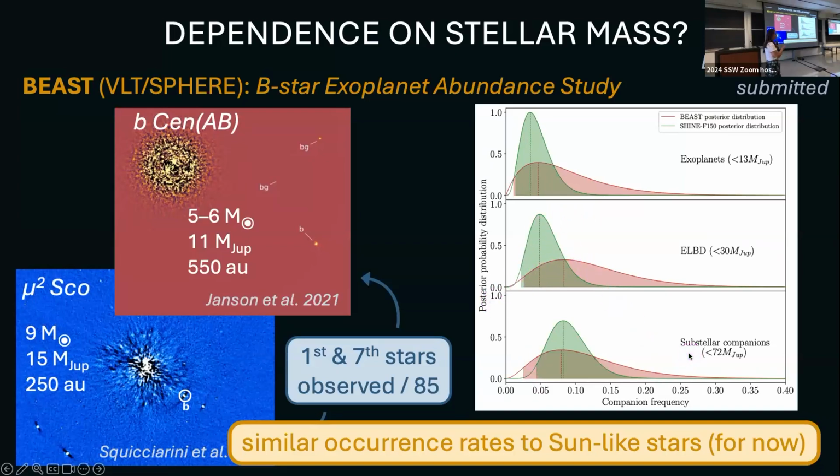So at the moment, from the statistical analysis, there's no evidence for different occurrence rates between these massive stars, and the green ones are the results from the SHINE survey. But they're really broad distributions, so we need larger sample sizes to see if maybe they separate or not. It doesn't mean that there's no correlation. It just means that with the data we have at the moment, we can't distinguish the two distributions. But there are other studies that do point to the idea that more massive stars tend to have more wide orbit giant planets.